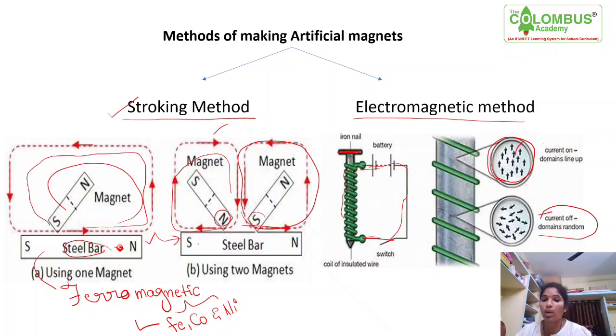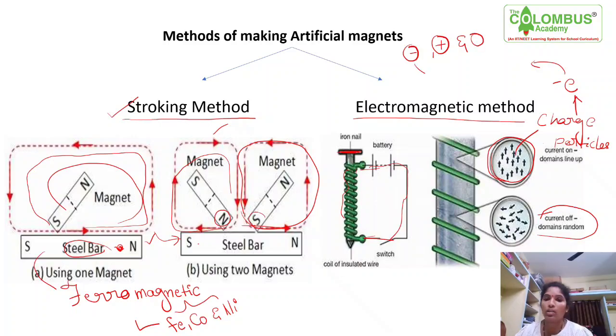What is this domain? Charged particles. Usually who carries the charge is electrons. So in an atom you will have three subatomic particles: electrons, protons, and neutrons.